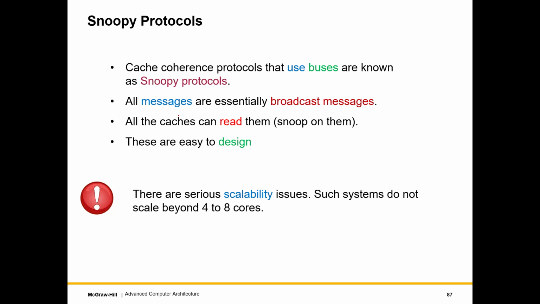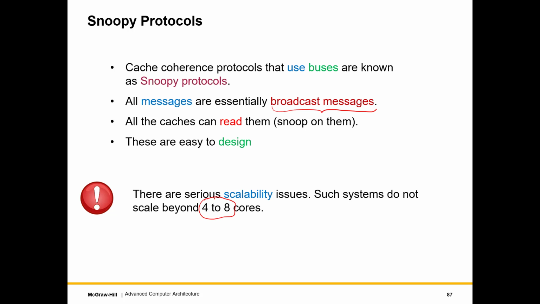So as we discussed, cache coherence protocols use buses. They are known as Snoopy protocols. All the messages are essentially broadcast messages, so all the caches can read them. And such protocols have serious scalability issues in the sense that they do not scale beyond 4 to 8 cores.